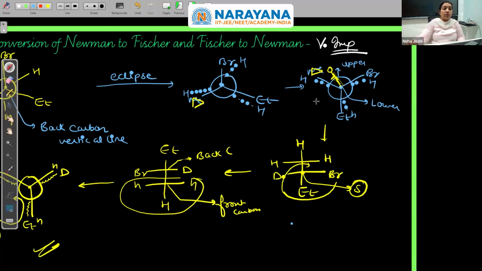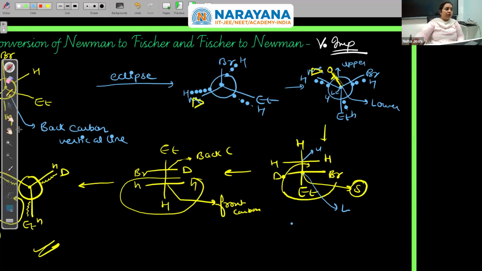Now here again, you have to finalize which one you are taking as the up carbon. If I am taking this as the upper one and this one as the lower one, then I have to be very clear about this first, because without this, you may end up with wrong positioning of left and right.